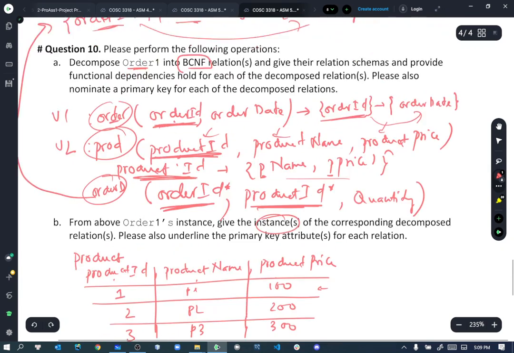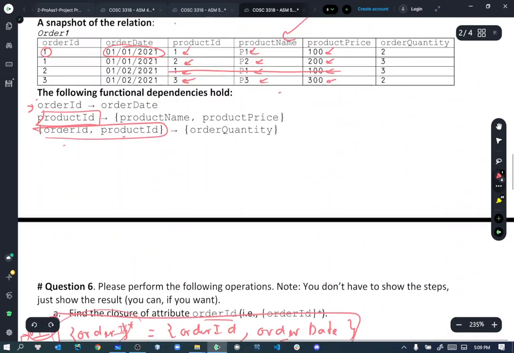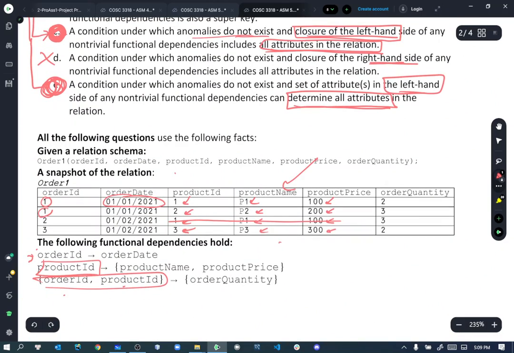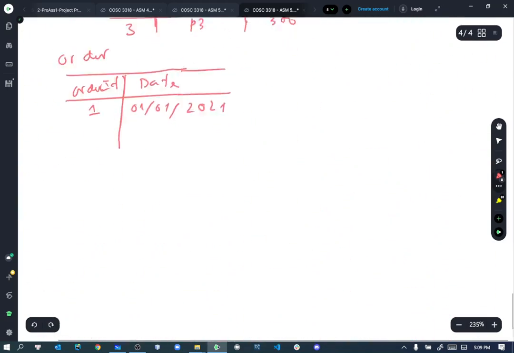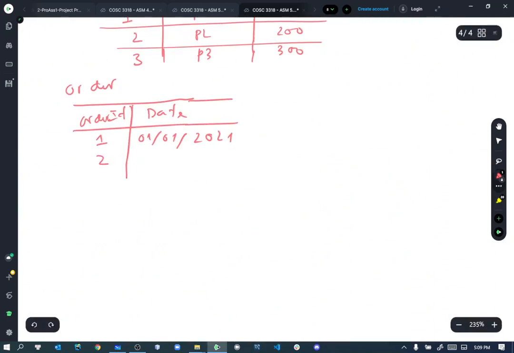Okay, you can see from here, same order, same day as well, so we don't have to store it, so we save space. So order 2 is on the second day of the year, so from here, order 2, 01 02 2021. I may have the wrong order, okay, but you just look at that.